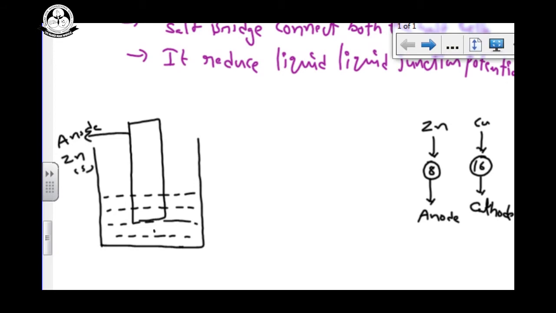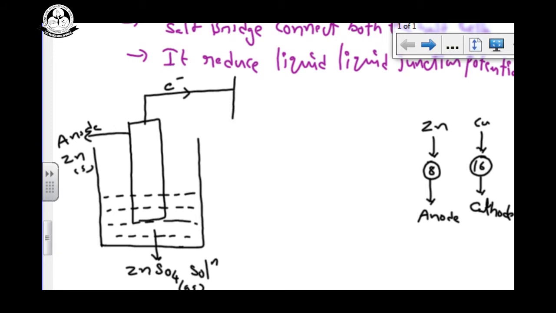Zinc is dipped in zinc sulfate solution. Anode operation is loss of electrons, so it can lose the electrons. So electrons go like this.